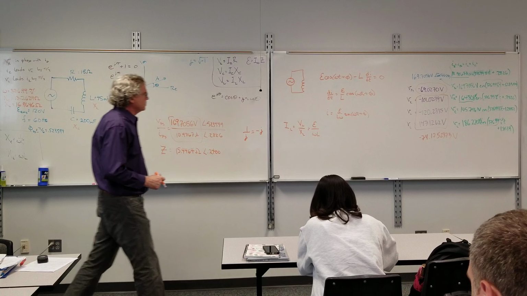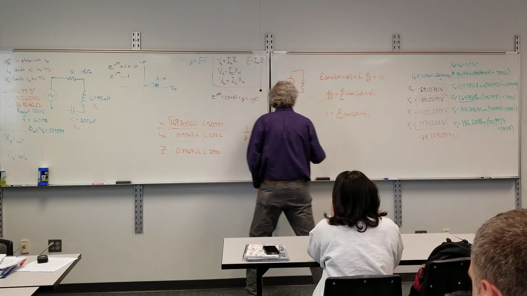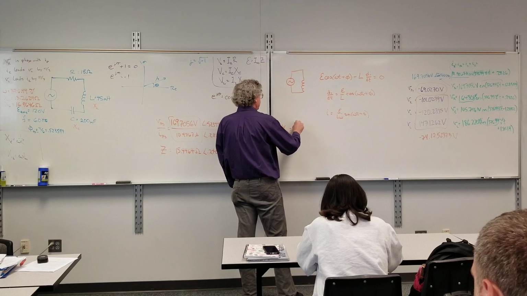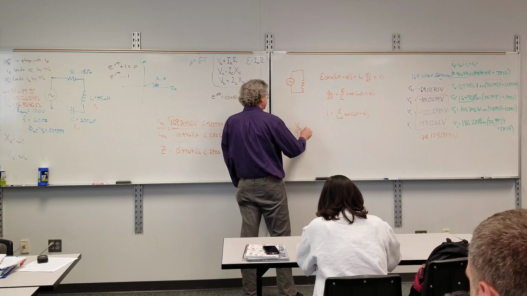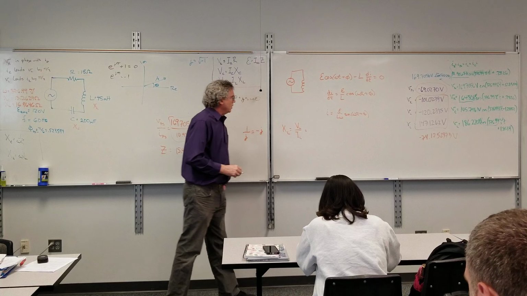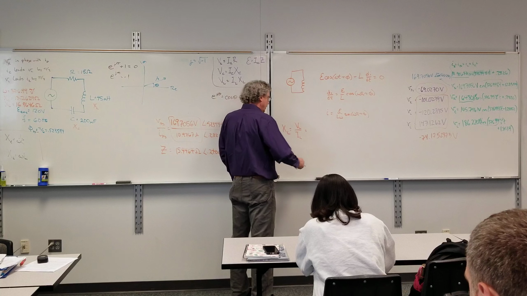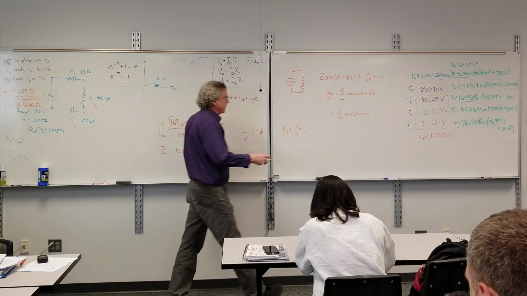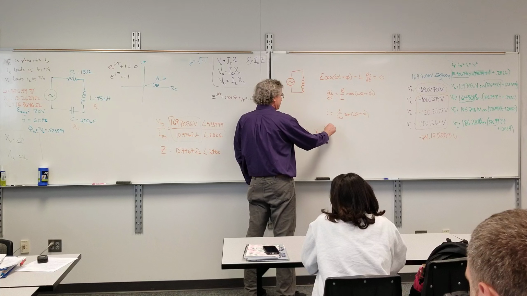Oh, that's because I'm doing that the wrong way. X of L is equal to VL over I. Now my voltage, this is what we had done before. What I want to get to actually is X sub L is going to be VL over IL.